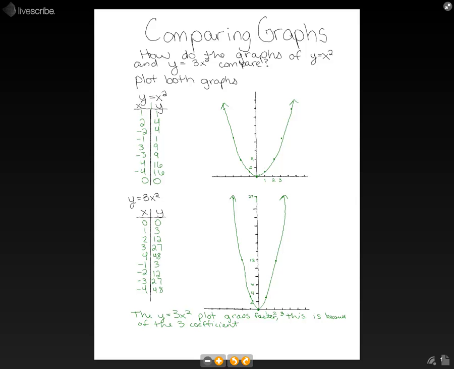Essentially, our y equals 3x squared graph is 3 times the y components of our y equals x squared graph. The y equals 3x squared is narrower, which is a sign of that fast growth.